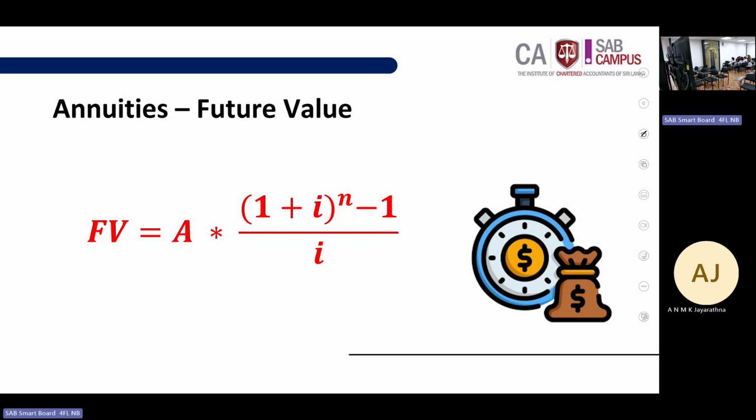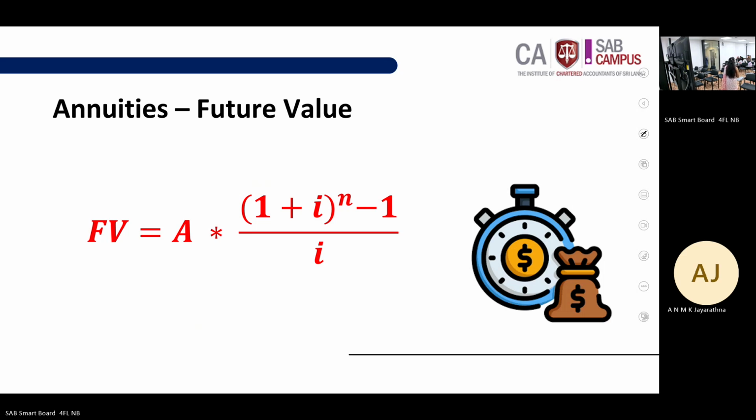If you deposit 1 million for a year, and we are expecting to continue that amount for 10 years, what would be the future value of that annuity after 10 years? It is identified by the annuity multiplied by the annuity factor.